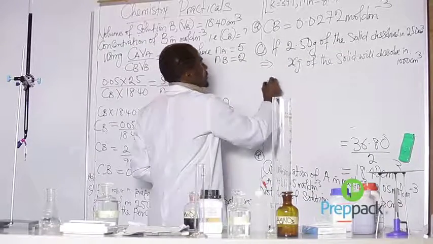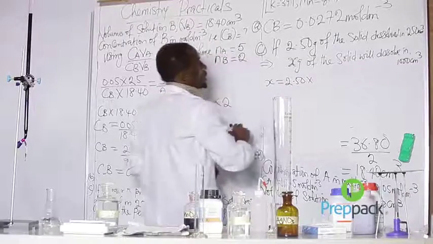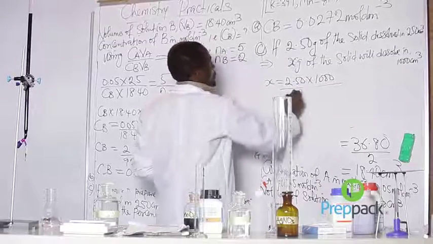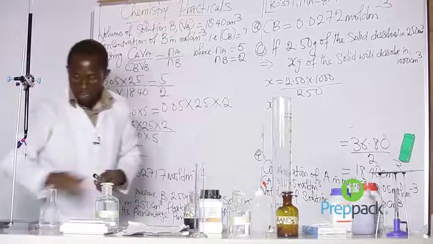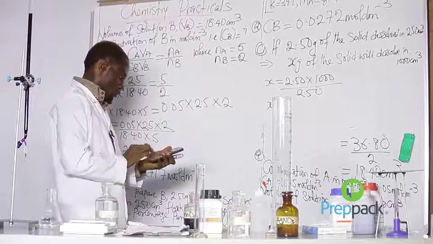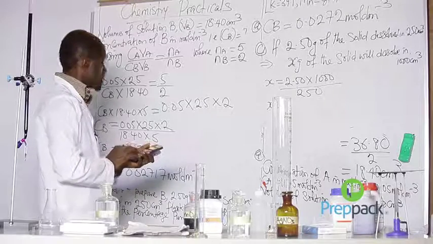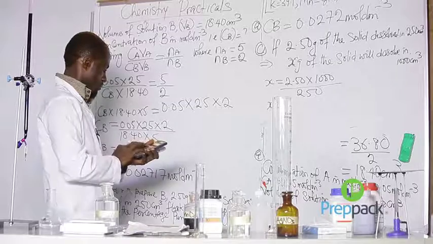X becomes 2.50 multiplied by 1000 over 250. So X now becomes 0.0271.